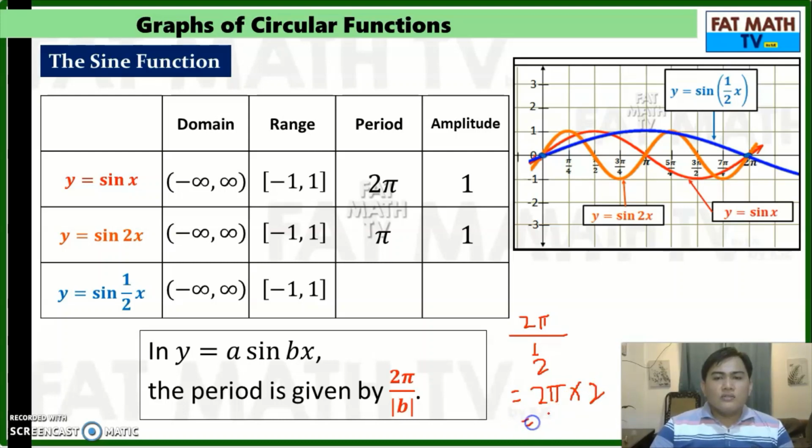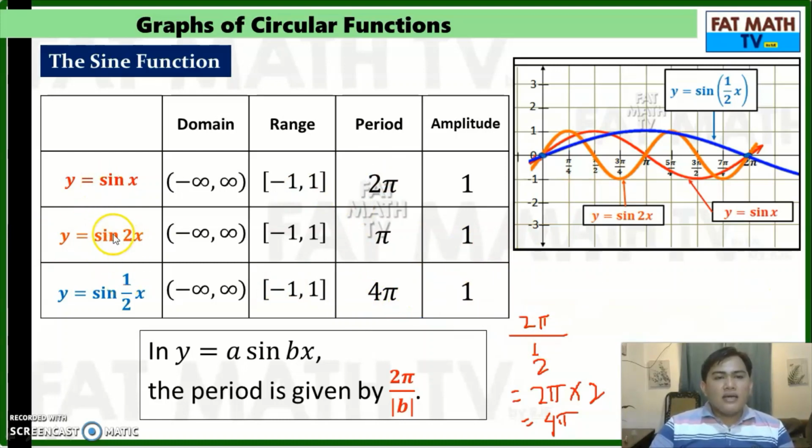So that is going to be 4 pi. One complete cycle is obtained after 4 pi units, or every 4 pi units you will have a complete cycle. So the period of this is 4 pi, and the amplitude is still the same.